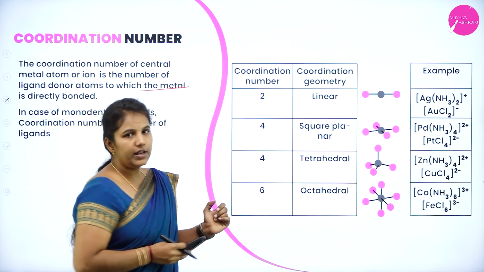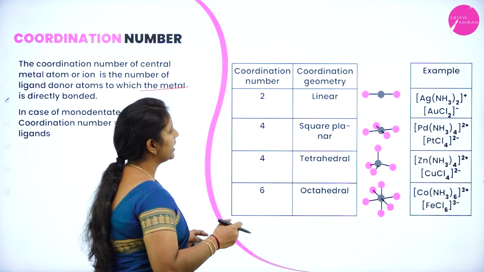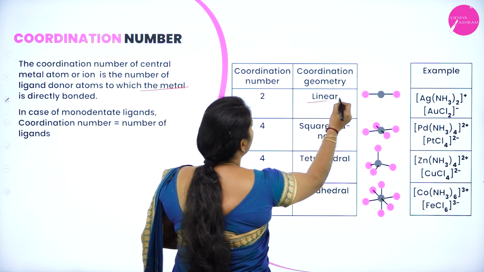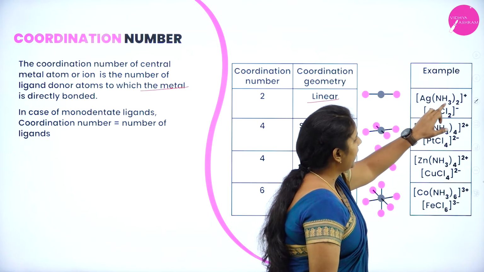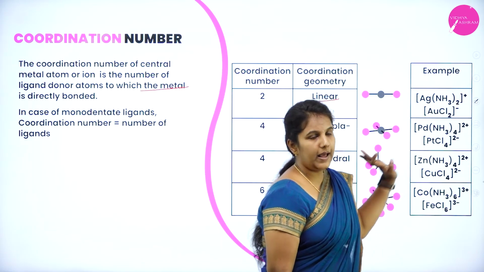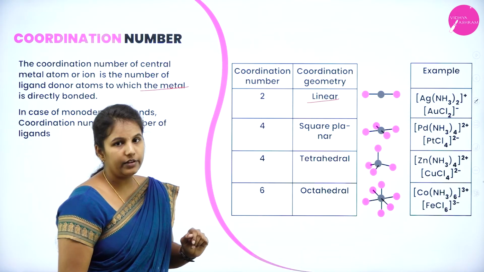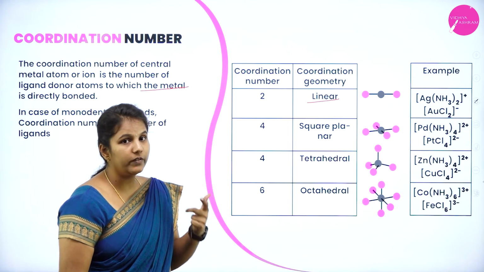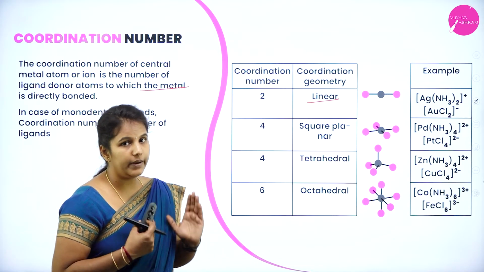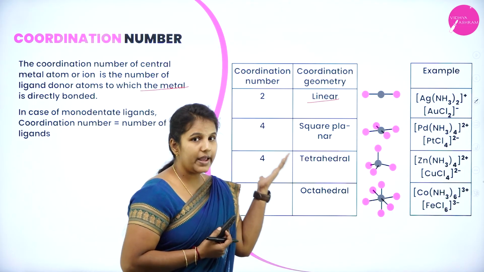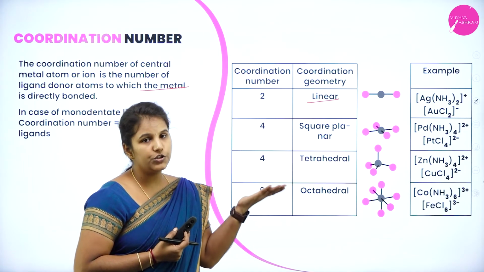If the coordination number is 2, then we say such geometry will be linear. The best examples are Ag(NH3)2 plus and similarly AuCl2 minus. In both of these examples, the coordination number is 2 and it is exhibited in linear geometry.